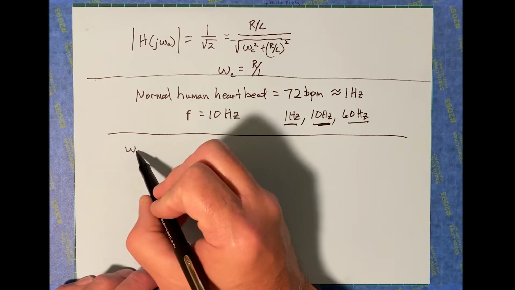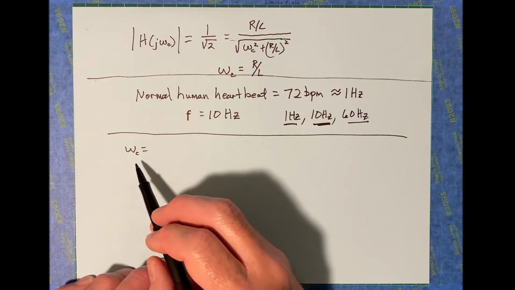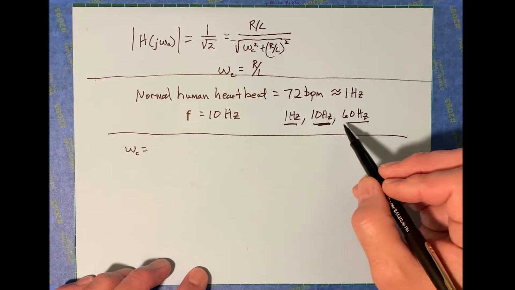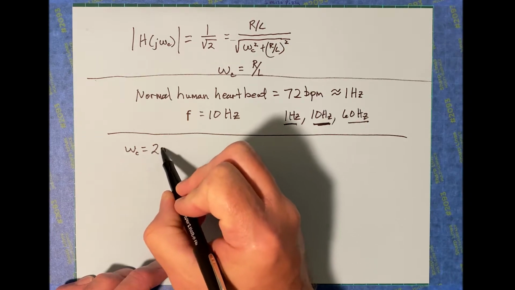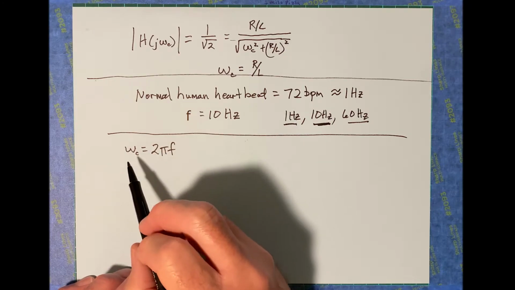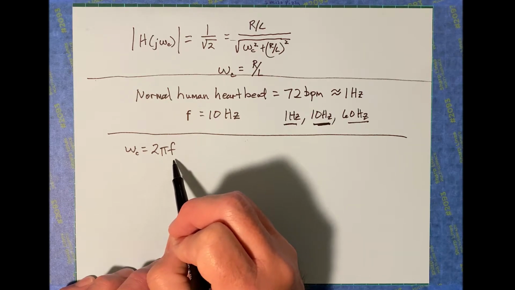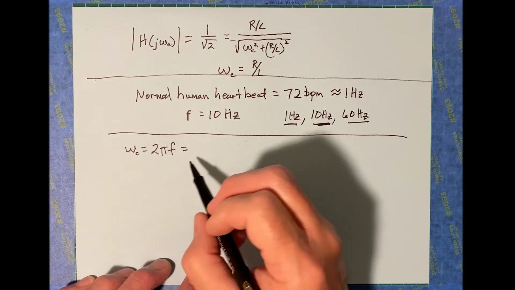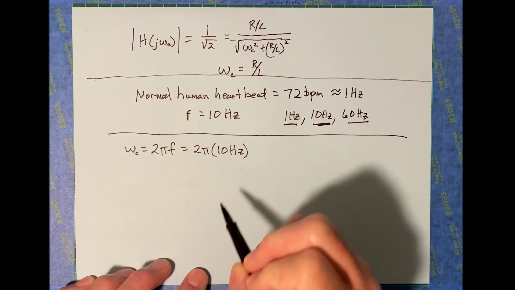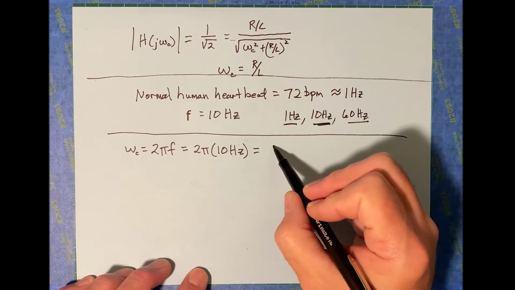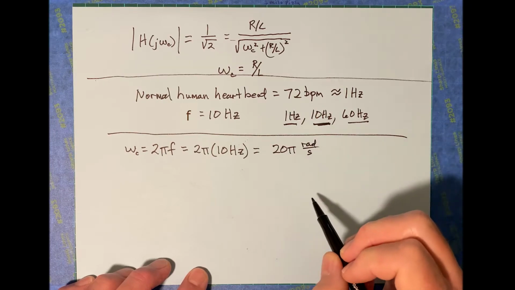Now, omega sub c is the radian frequency, so this is in units of radians per second. The frequencies we're talking about here are just normal frequencies, so we need to keep in mind that this is a relationship between radians per second and cycles per second. We want our cutoff frequency to be 2 pi times 10 hertz, so this turns out to be 20 pi radians per second.